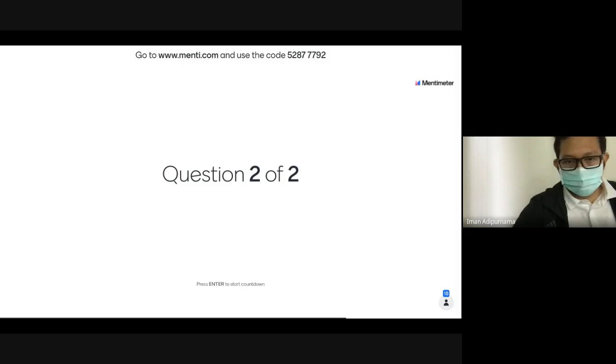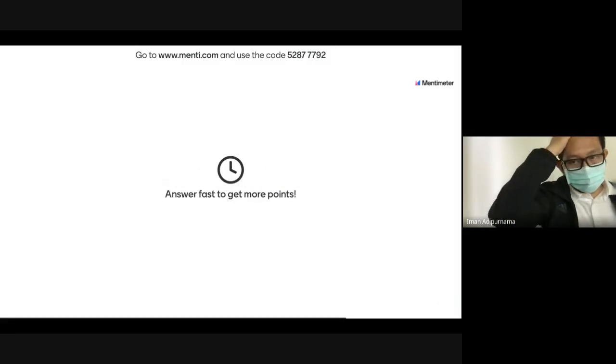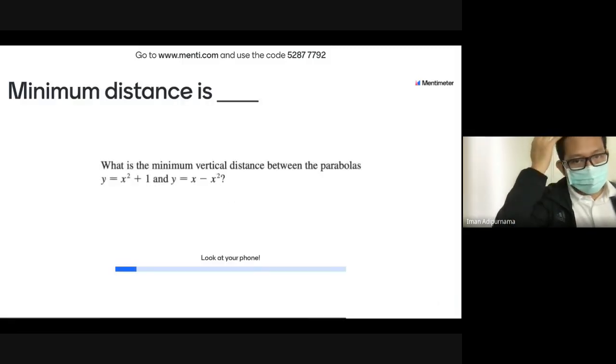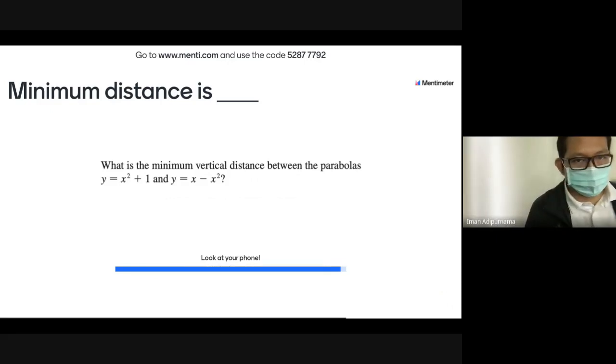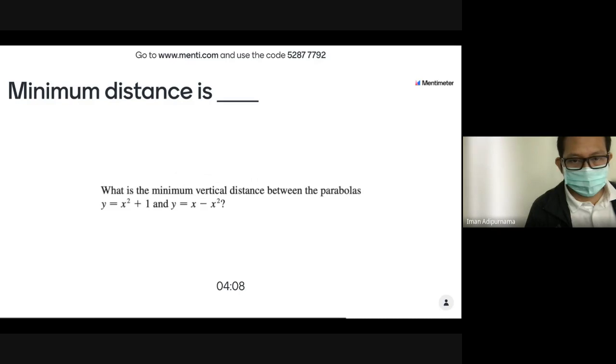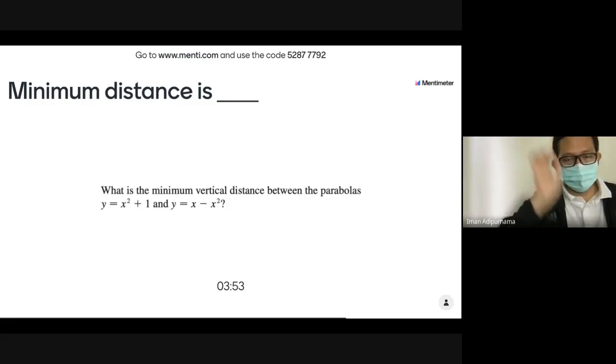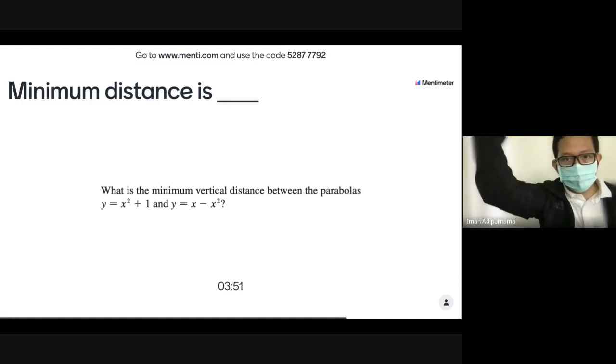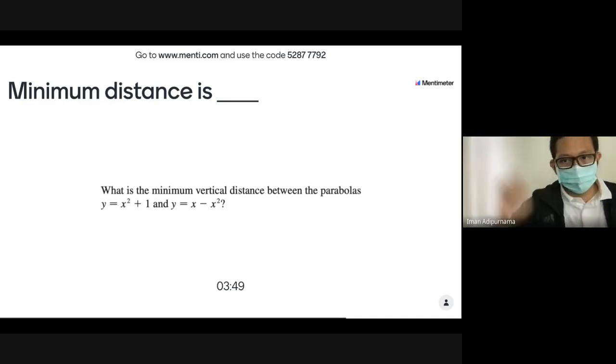And the last question, the minimum vertical distance. If the answer has a decimal, you need to write it in fractions. If it is maybe 1/2, 2/3, you write 1 and /2.